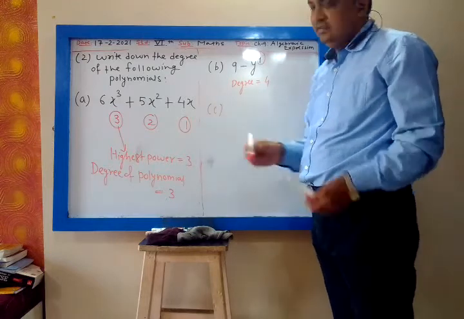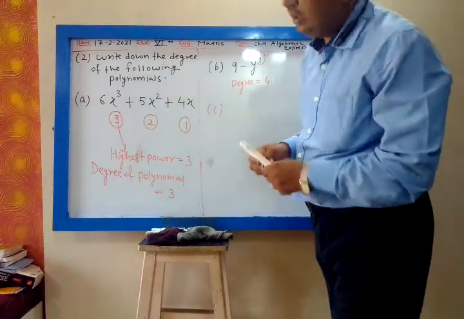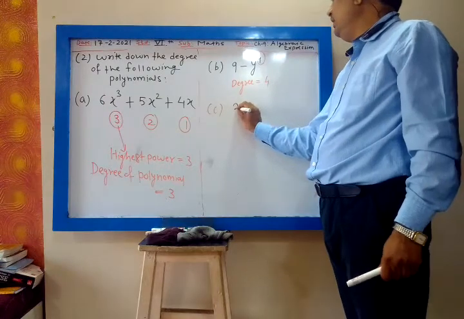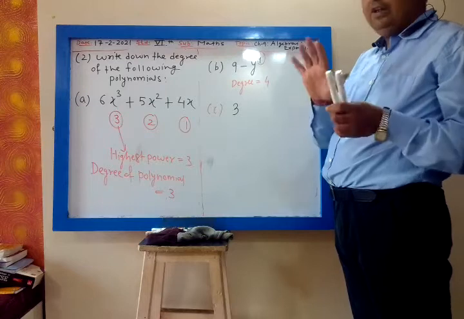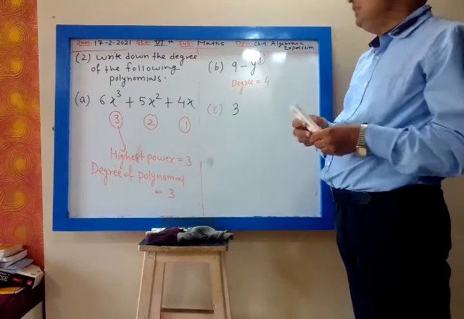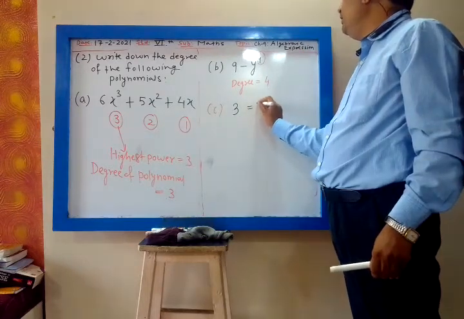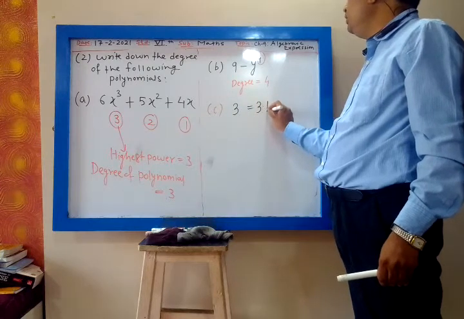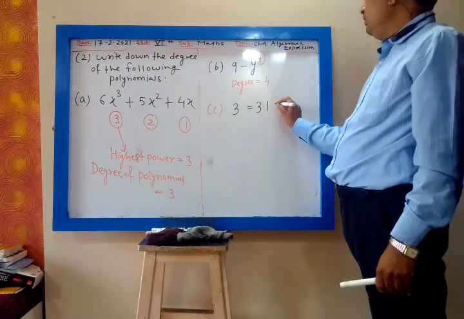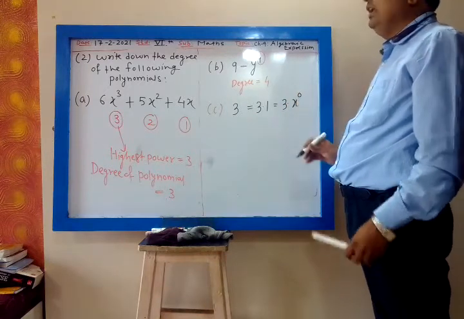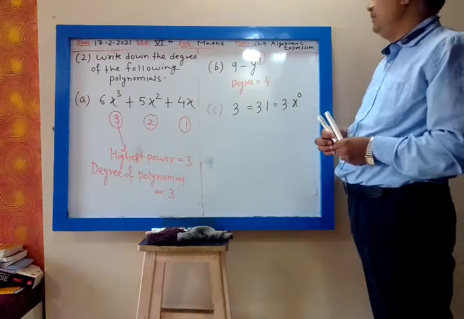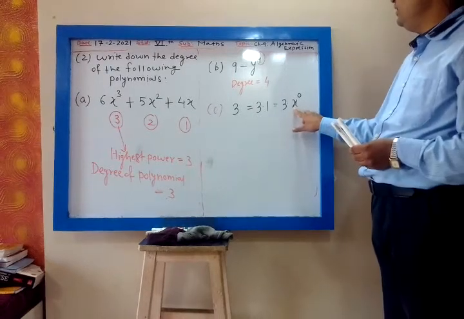Now find the C part. 3. See here, my dear. Wait, no, my dear. 3 I can write as 3 into x raised to 0. Whenever the power is 0, the value is 1. So what is the degree of that polynomial?